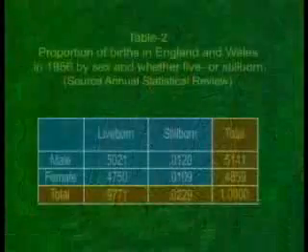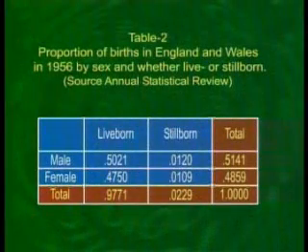Students, the table that you saw in this example leads to another important concept in probability theory, and that is the concept of marginal probabilities. As you now see on the screen, we have the bivariate table and we have the 4 joint events: male live-born, male stillborn, female live-born and female stillborn.